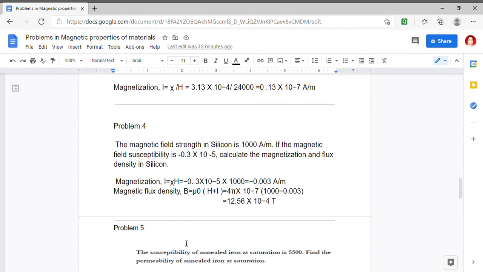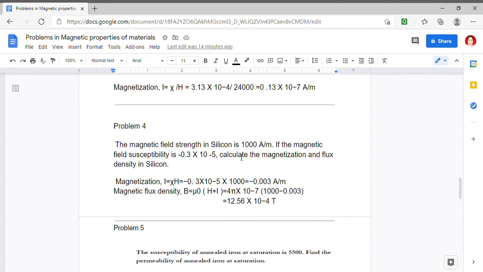The next problem which we are going to discuss is that the magnetic field strength in silicon is 1000 ampere per meter. Now the magnetic susceptibility is minus 0.3 into 10 raised to power minus 5. Find the magnetization and flux density.